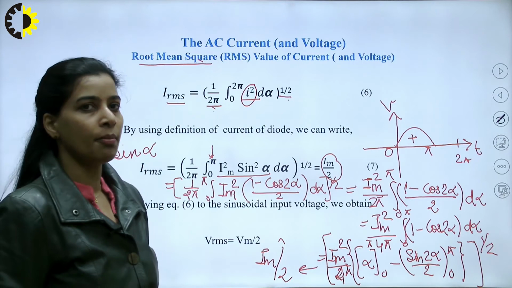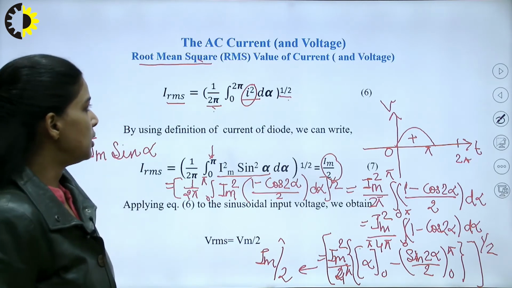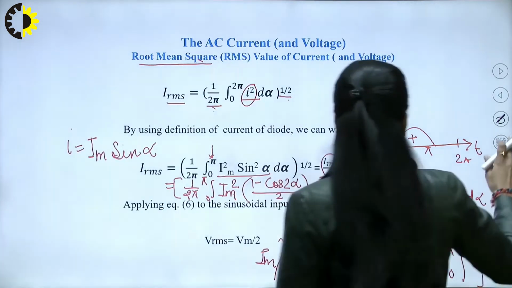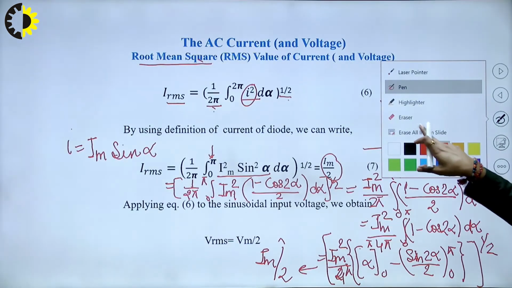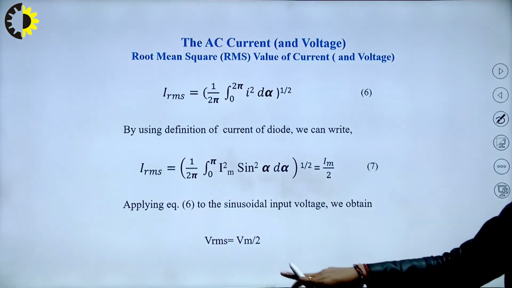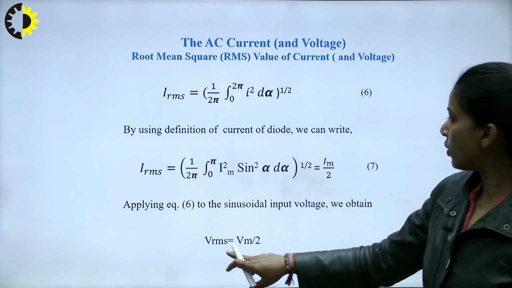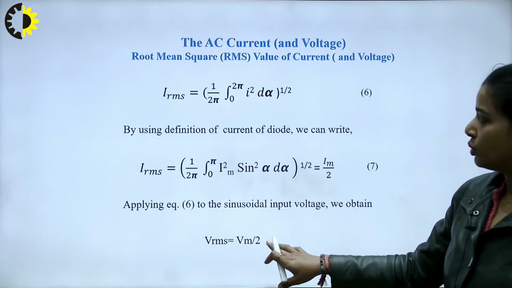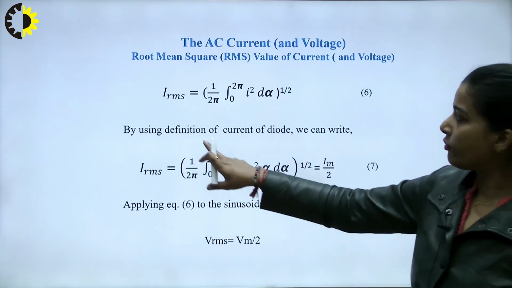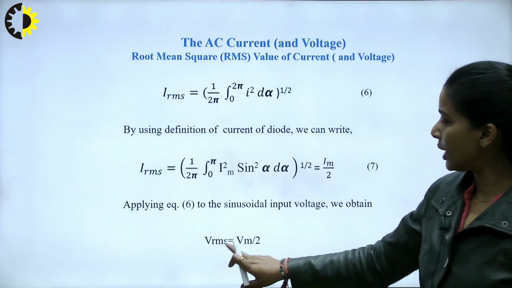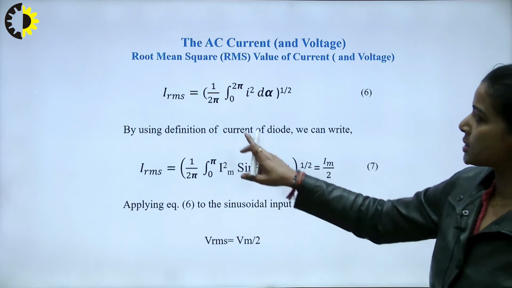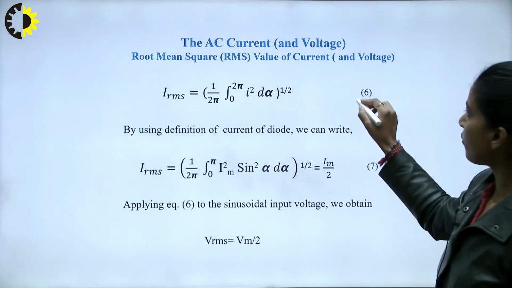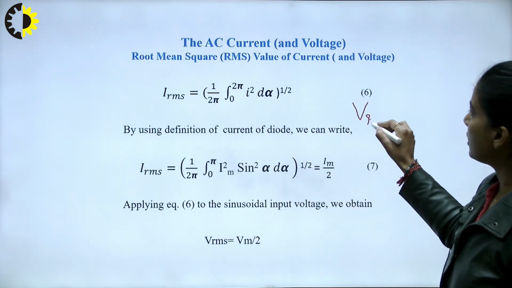as Im by 2. Similarly, we can get the RMS value of the voltage. RMS value of the voltage will be Vm by root 2. In the similar way as I have calculated IRMS, we can find Vrms by taking this equation for the voltage.